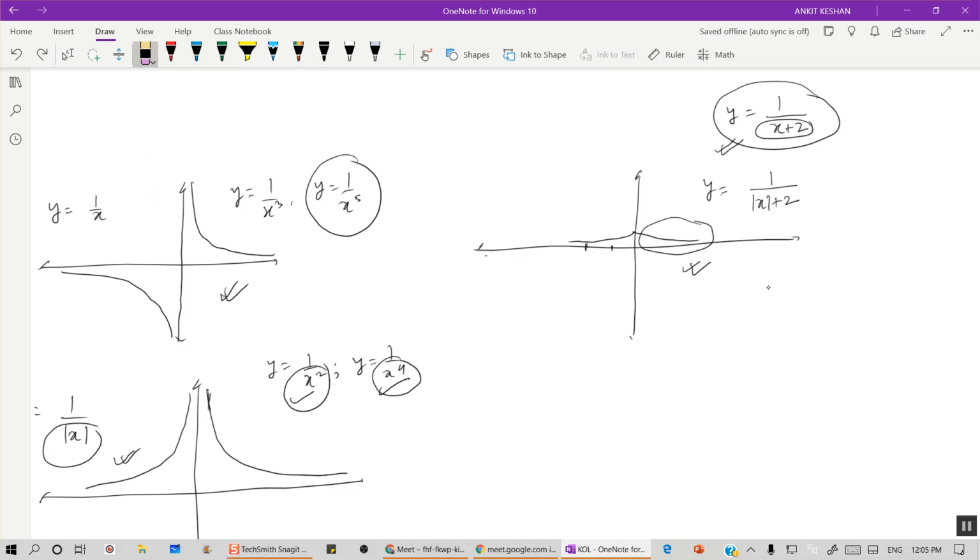Now I think you completely got this, except that last part, sir. Last part, we draw the mirror image. This modulus part. Just a minute. Okay, let me repeat.